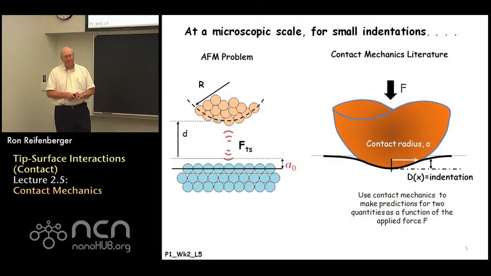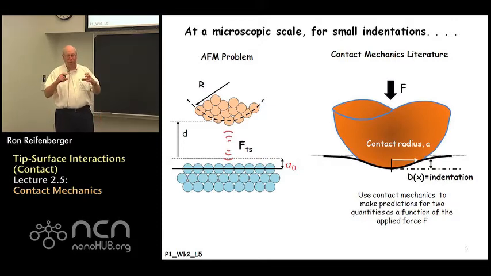But it's useful to have an overview of what contact mechanics actually predicts, and basically contact mechanics within the context of AFM predicts two quantities, right? One quantity is the contact radius, and in this particular slide, that contact radius is denoted by the parameter A. And then the second thing we're very interested in predicting is the indentation.